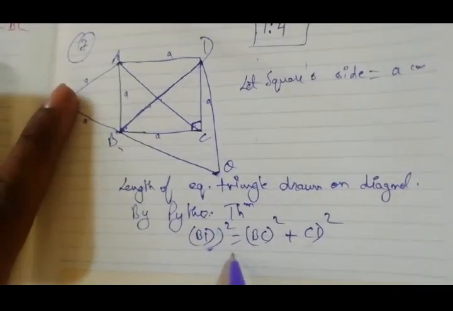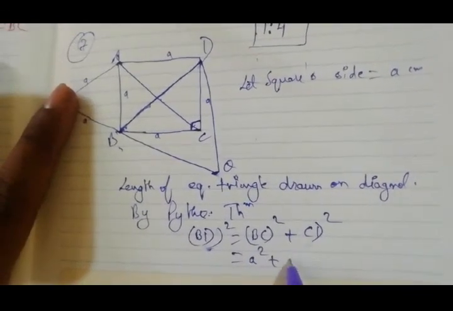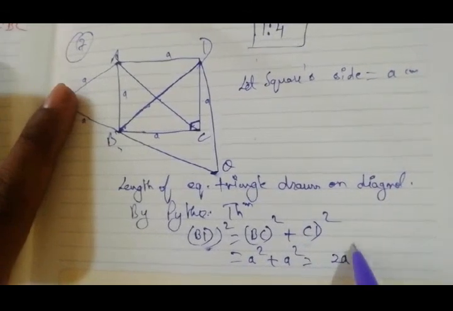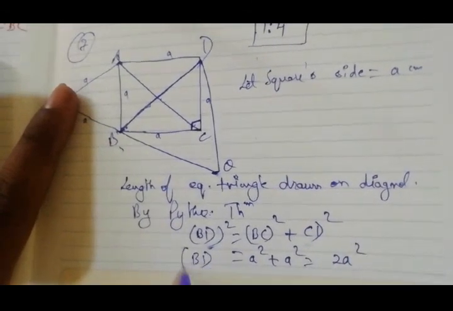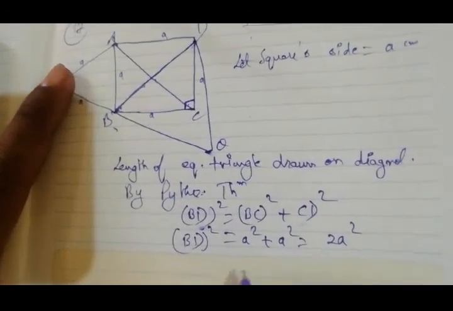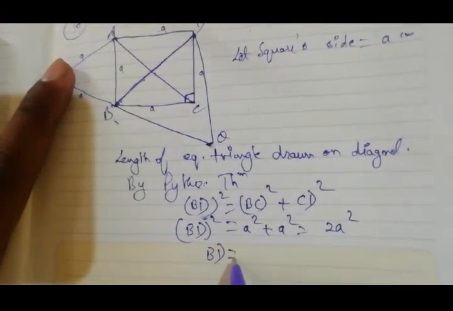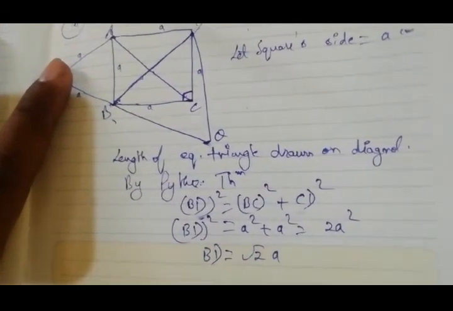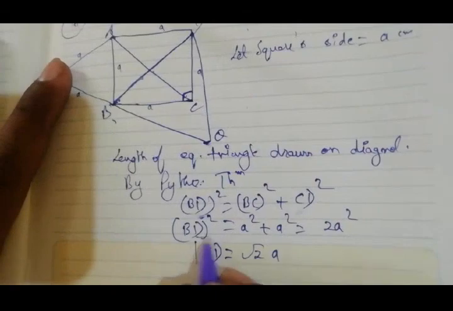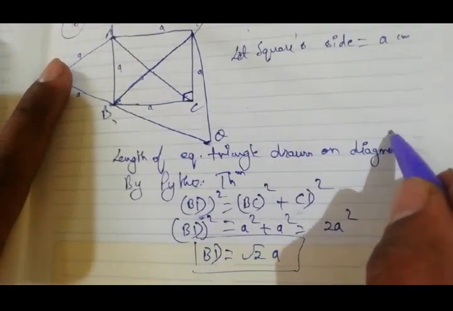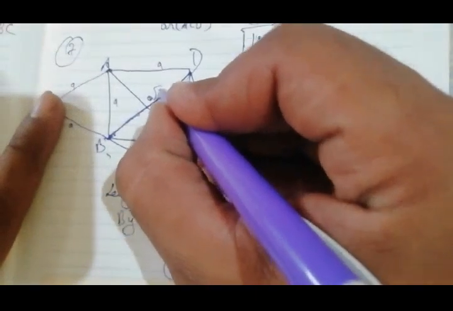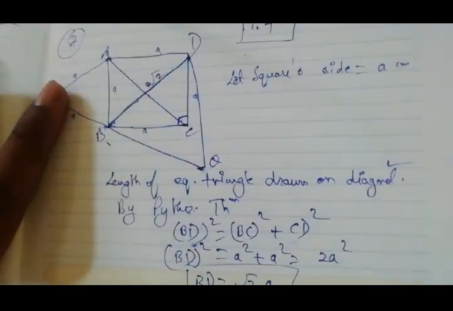The side BC is a and CD is also a, so it will be 2a squared. So BD squared is equal to 2a squared. This shows that BD is nothing but root 2 a. So now we have the length of the side of the equilateral triangle drawn on the diagonal. This is the side a root 2.